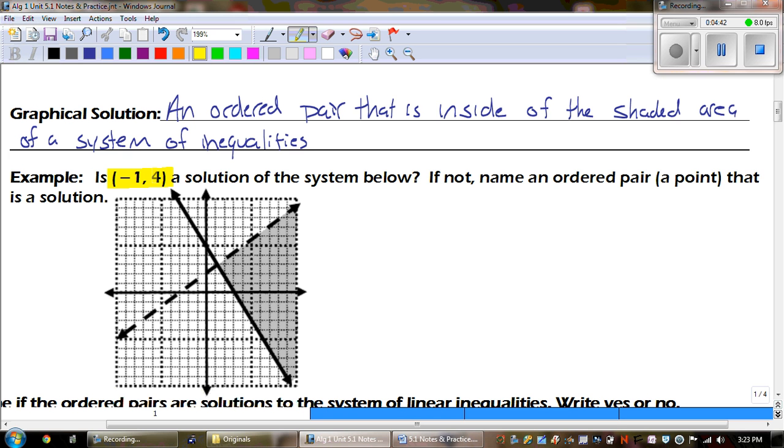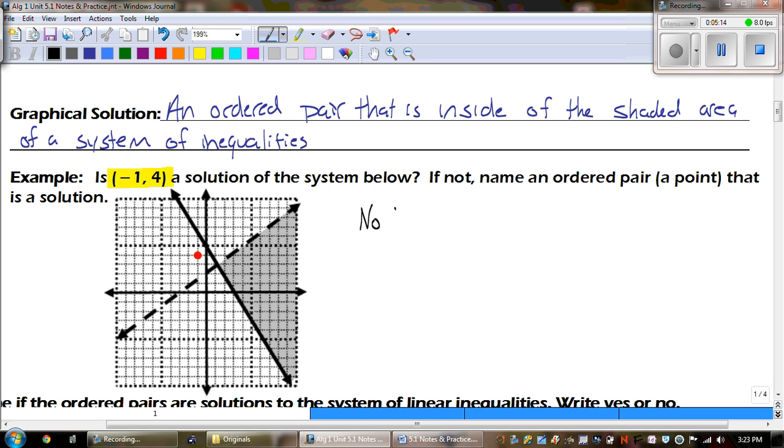If not, name an ordered pair, a point, that is a solution. So there's -1, there's 4, there's my point. Is that inside of the shaded area over here? Yes or no? No.